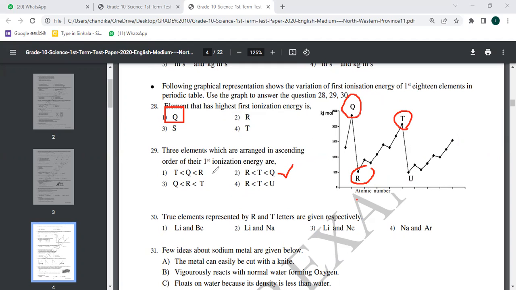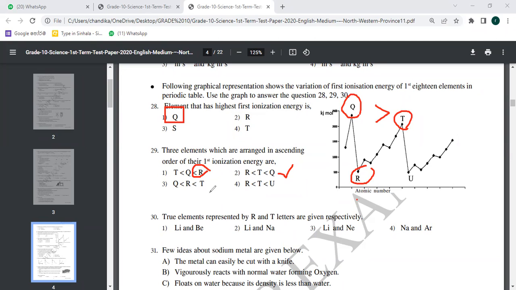Let's say first one, Q is greater than T. That is correct. Q's ionization energy is greater than T, that is true. Then R is greater than Q, that is wrong. Let's consider now the third one.